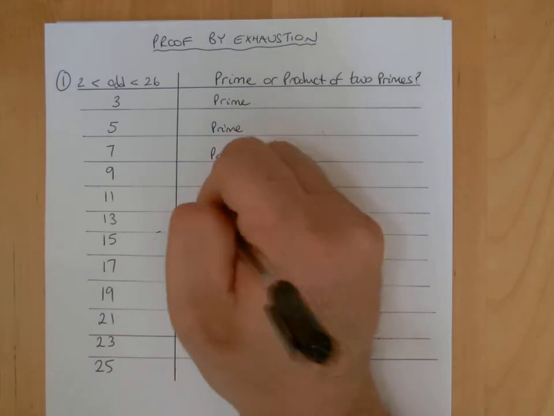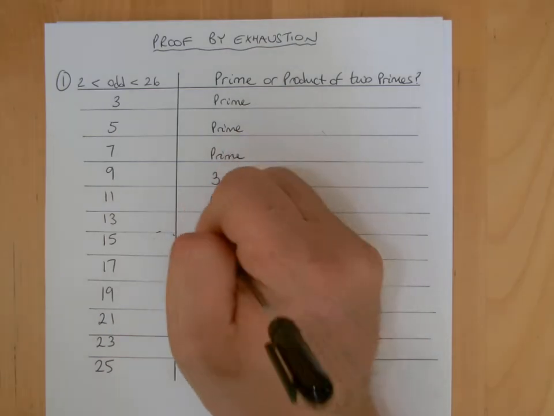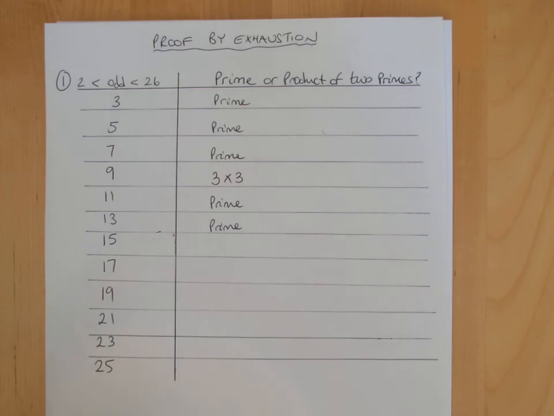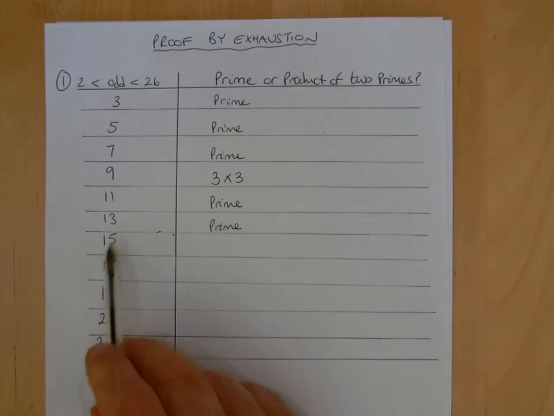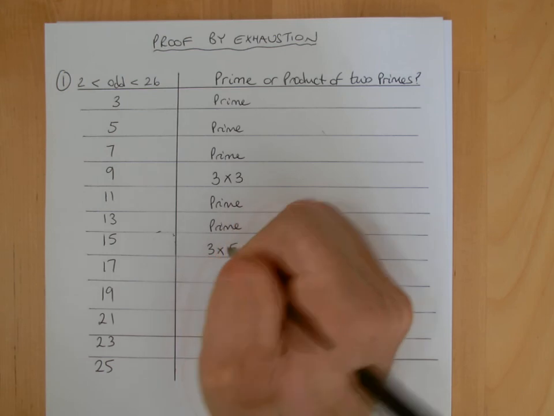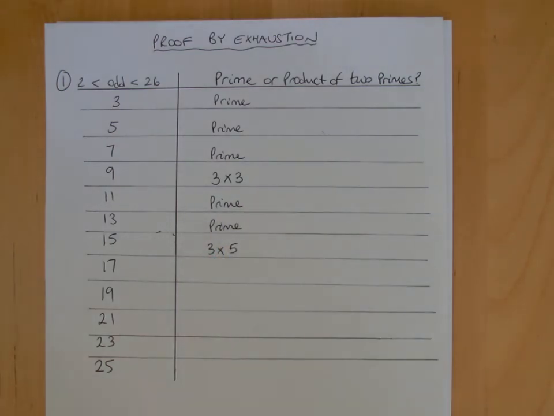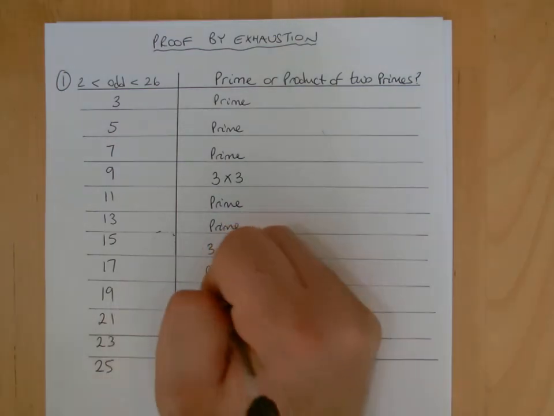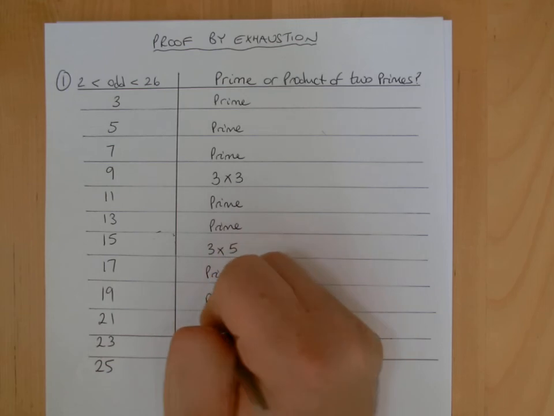11, well 11's prime, isn't it? 13 is prime. 15 is not prime. Again, that is the product of primes. The prime factors of 15 are 3 and 5, so you can multiply 3 and 5 together, that gives you 15. 17 is prime. 19 is prime.